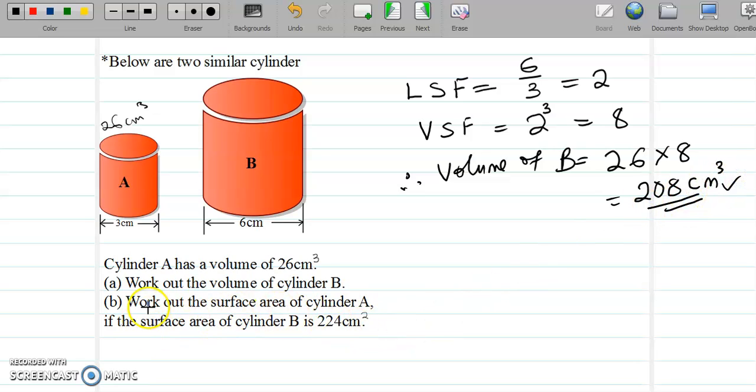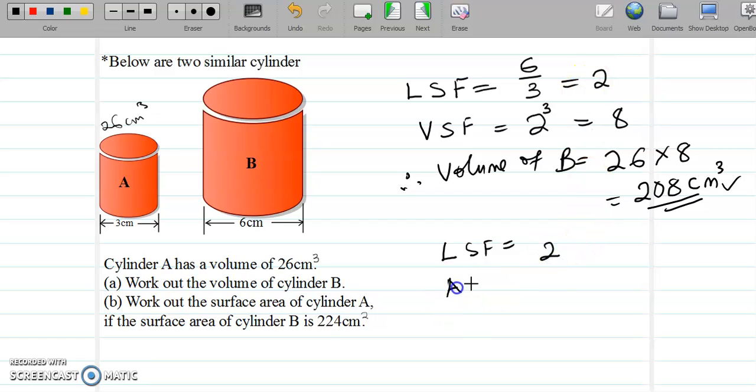On the other hand, it says work out the surface area of A, if the surface area of B is 224. For us to work out the surface area of A, first of all, we know that the length scale factor is 2.